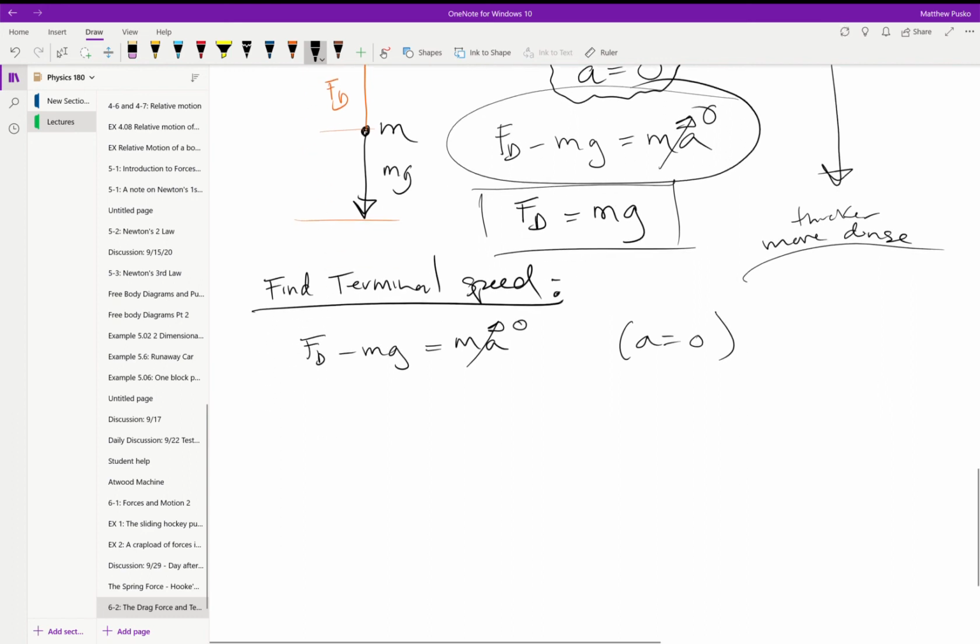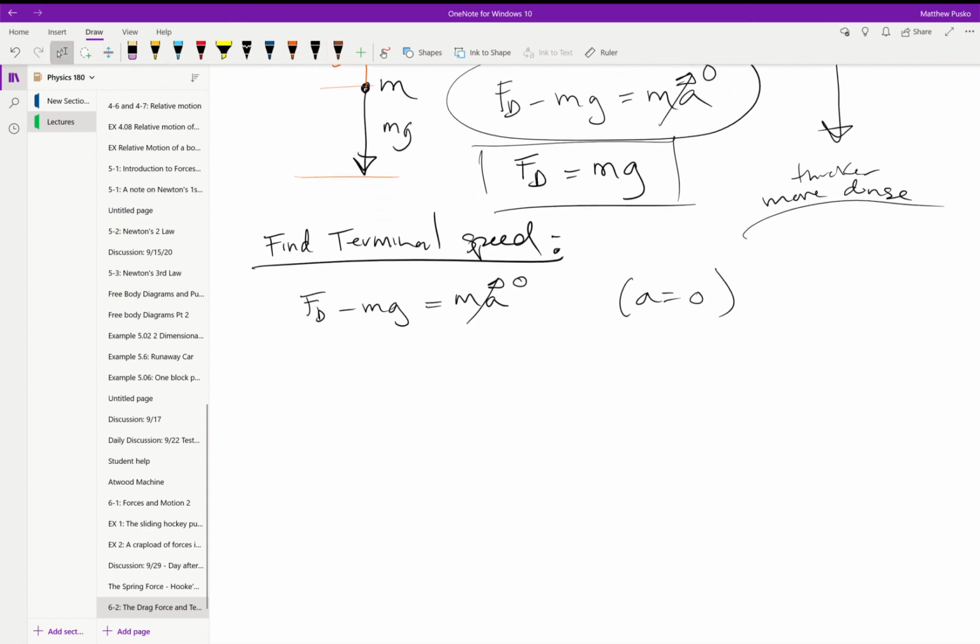Okay, well, let's take that and let's substitute in our formula for the force of drag. We have 1/2 times the coefficient of drag times the density of air times the cross-sectional area times the velocity squared. And we can throw this on the other side and say that's all equal to mg.